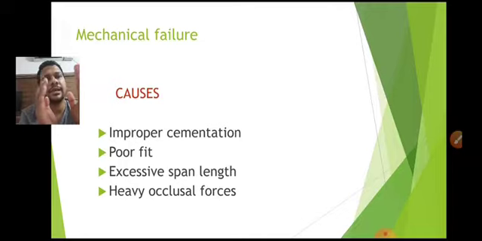If there is very little space, that means your prosthesis will be tightly fitted. It will be difficult to place or retrieve that particular prosthesis from the prepared tooth because of the very minute space given. So you should give a space of at least 25 microns for best results.